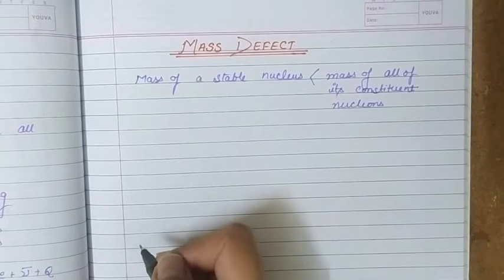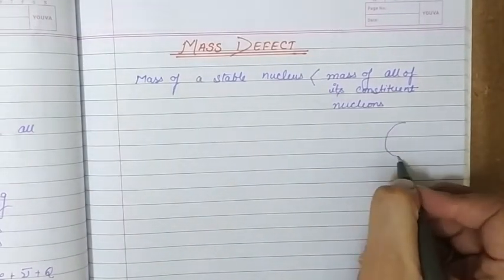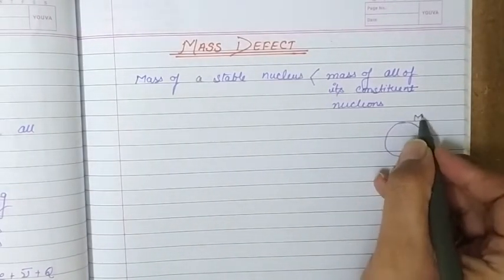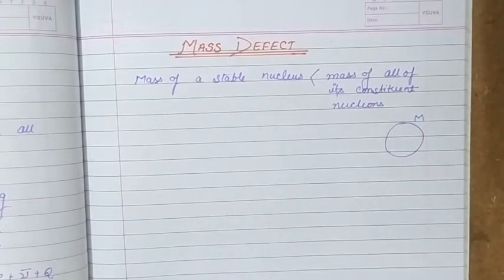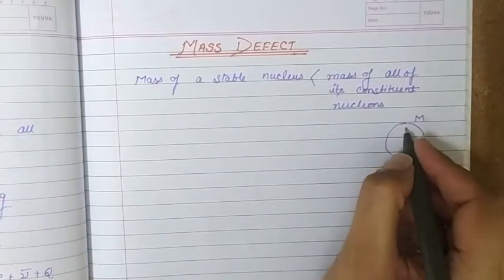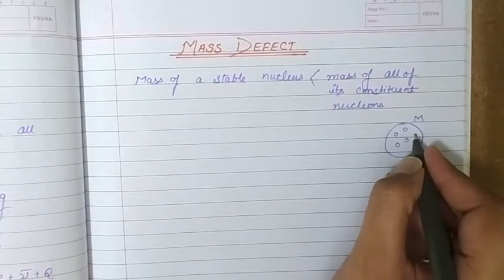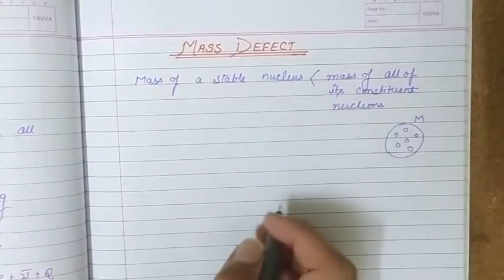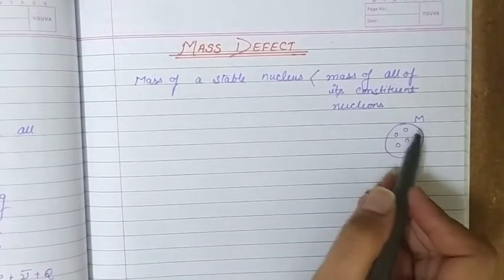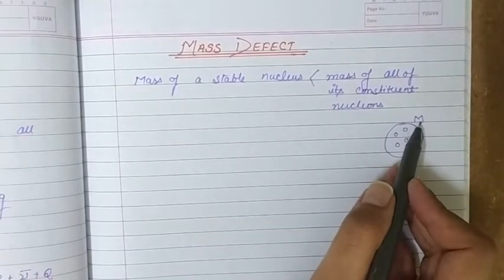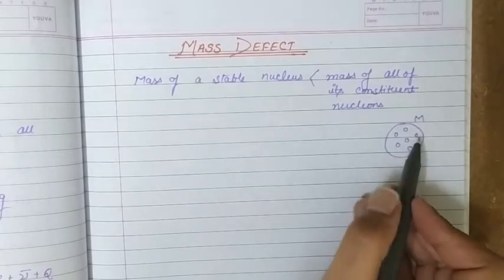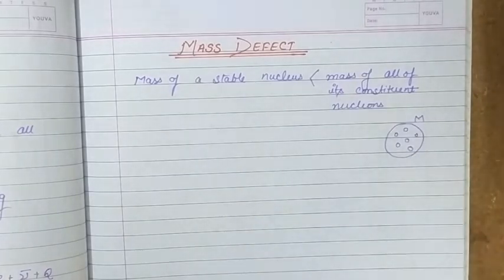Or we can understand it like this: if we have a nucleus of mass capital M, and suppose it has four nucleons or six nucleons in it. So this nucleus, in the stable state, has mass capital M and it has six nucleons.